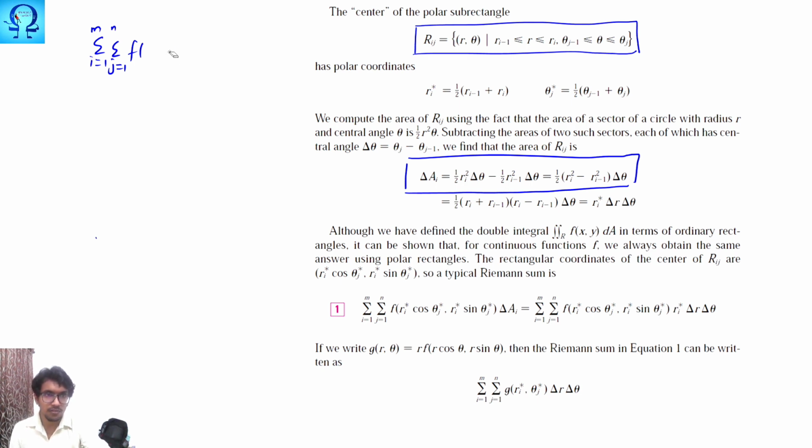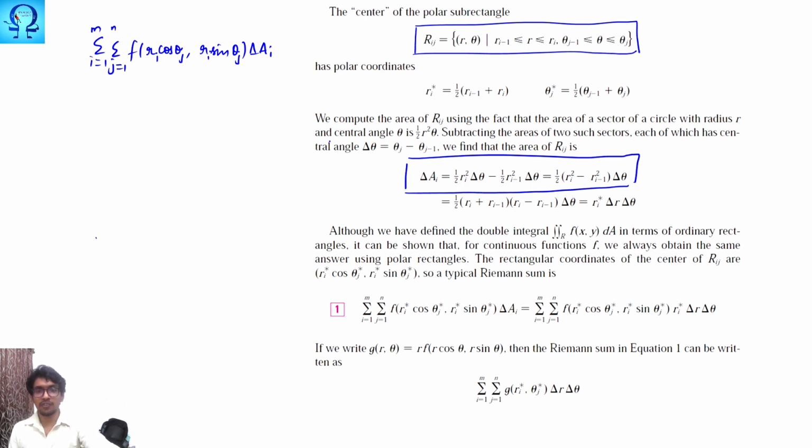Here the summation is changed, that is why we have ri and theta j with the corresponding area. This is how things get changed, right?